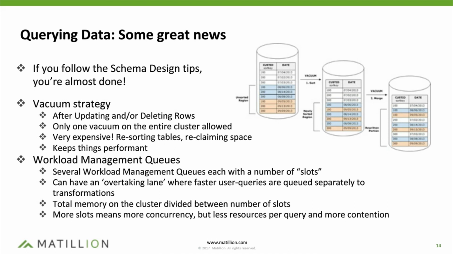Redshift will allow you to configure a certain number of concurrent queries, but after that, all other queries have to queue up. And the temptation to increase that number and to allow more queries to run concurrently is usually the wrong way to go. What you want is a very small number of queries running, but able to use all of the resources of the entire cluster to complete very quickly and then move on to the next query.